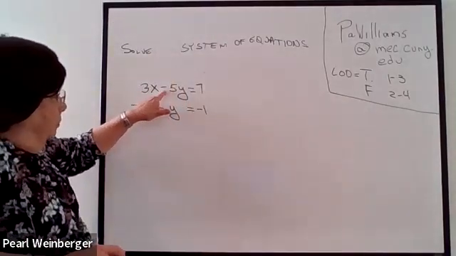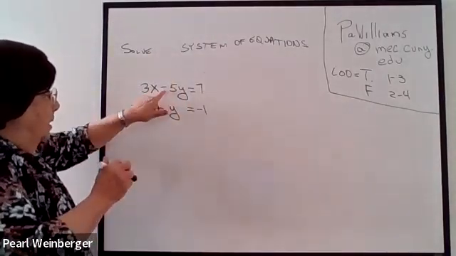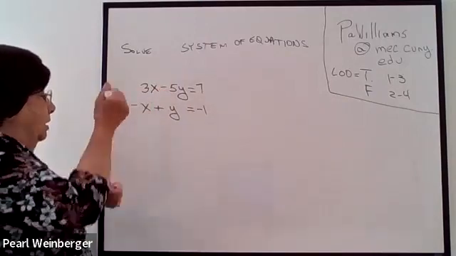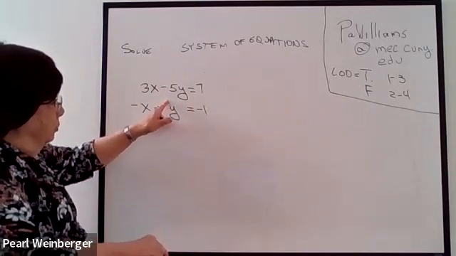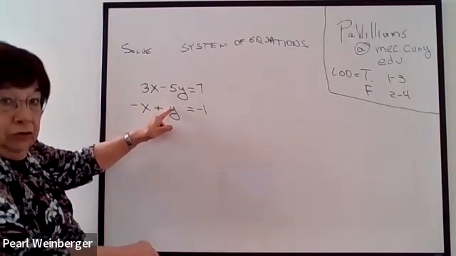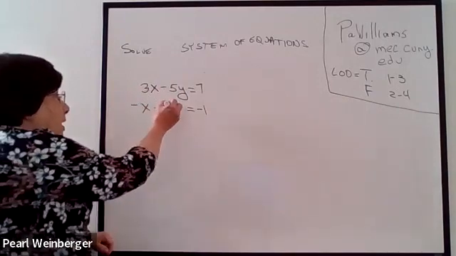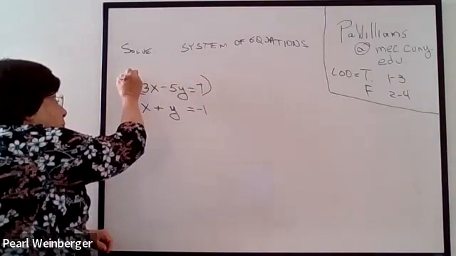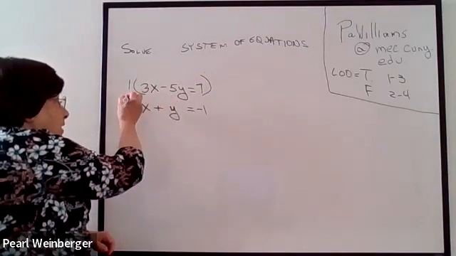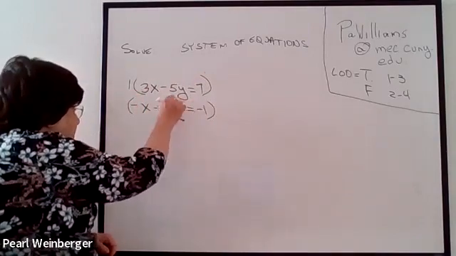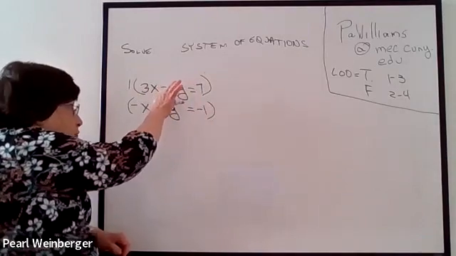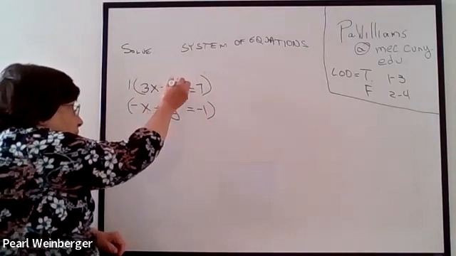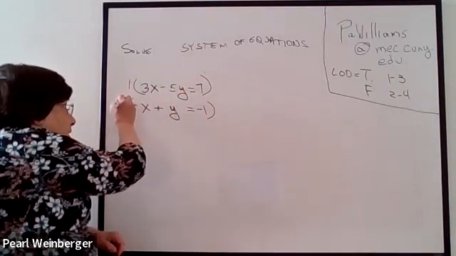So therefore, I look at the coefficients of the Y, the numbers in front of the Y. The number here, there's no number, so obviously it's understood to be 1. So I will multiply the first equation by 1. The second equation, now I'm just looking at the number, don't look at its sign, just at the number. The number in front of the Y in the first equation is 5.